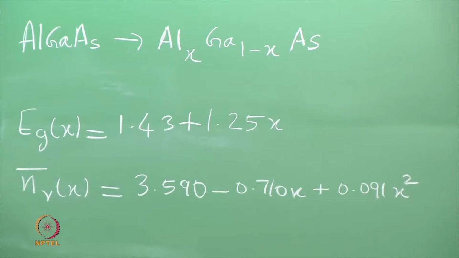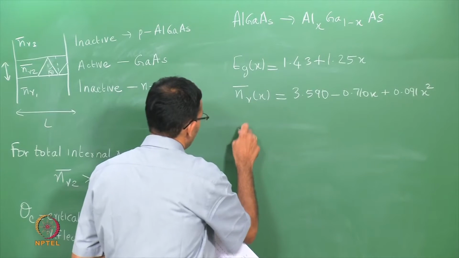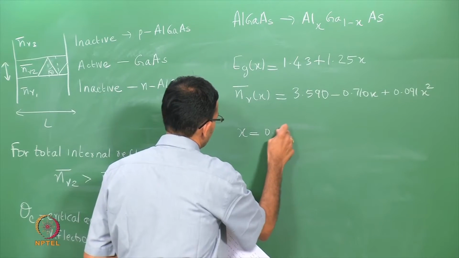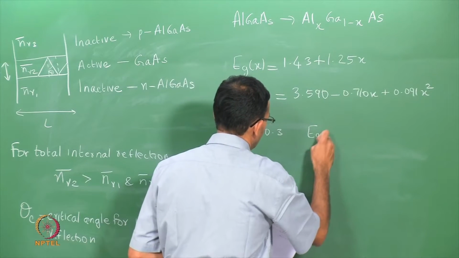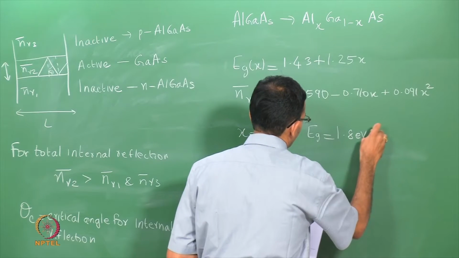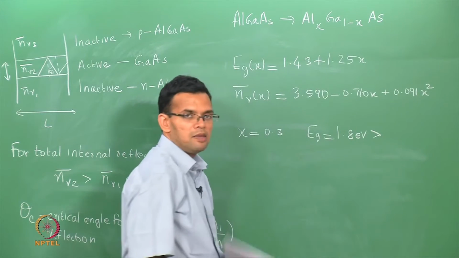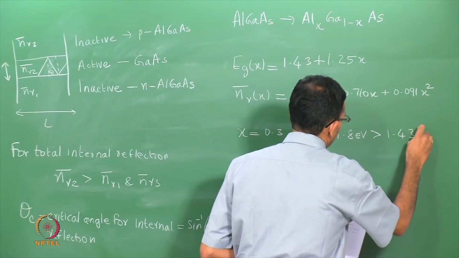So, this gives a refractive index that is lower than that of gallium arsenide, so that you can have total internal reflection. For a particular value of x, say 0.3, your band gap Eg, if you calculate, is 1.8, which is greater than the band gap of gallium arsenide, which is 1.43.